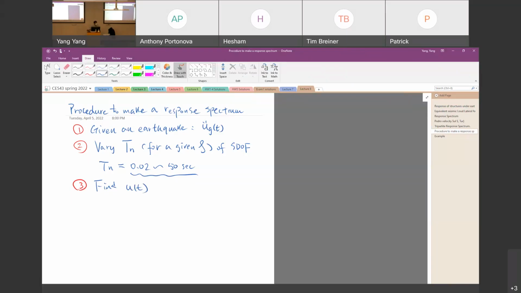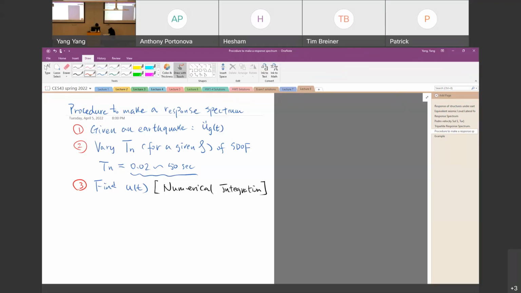We need to do dynamic analysis using numerical integration, which we discussed about 2 weeks ago. We should be able to calculate the response here. In your homework, I believe you have already practiced that. It's not a big issue here.